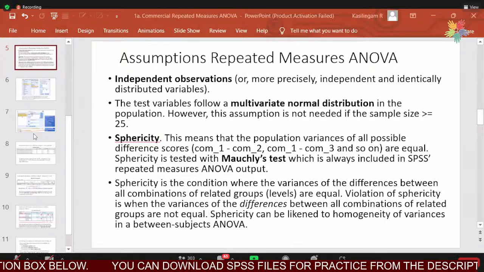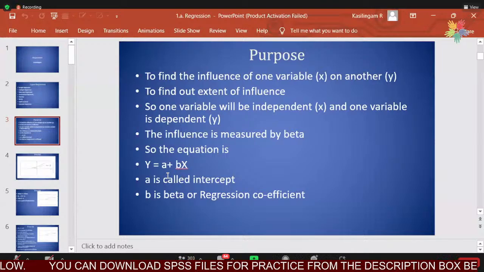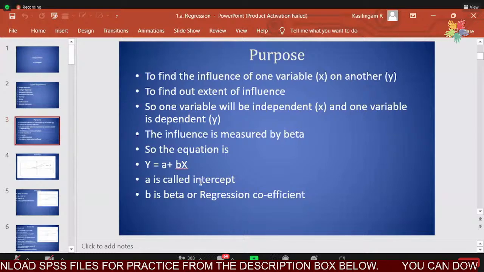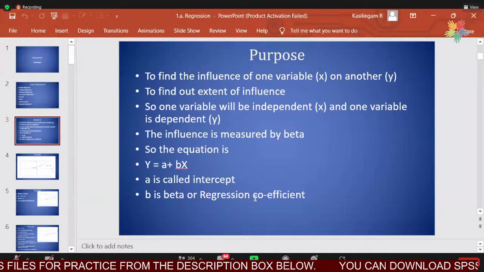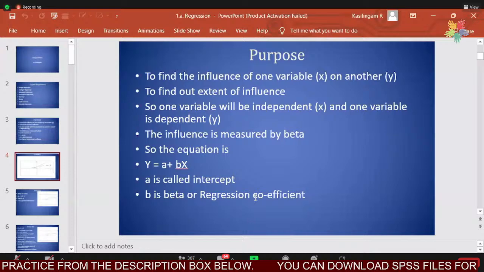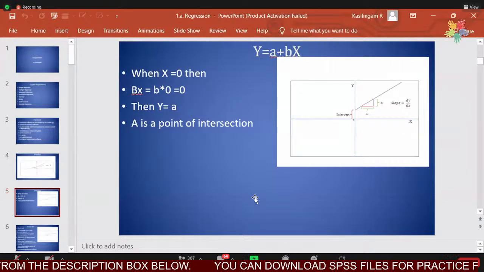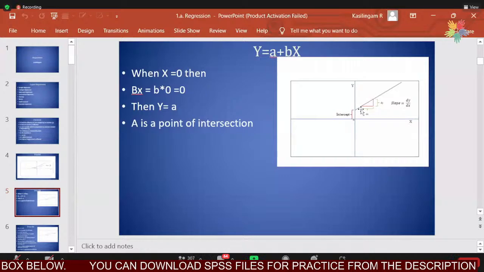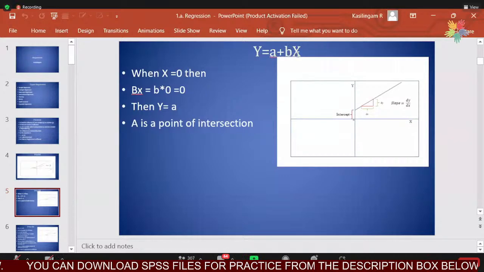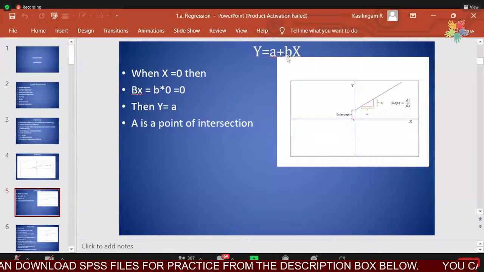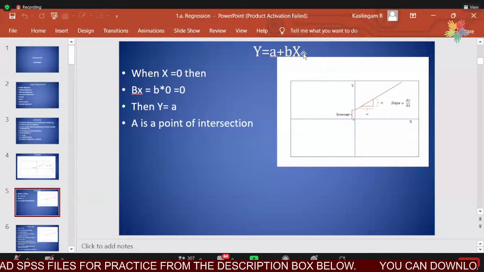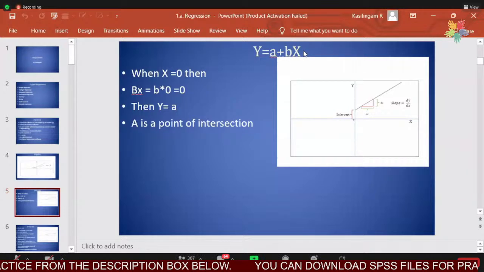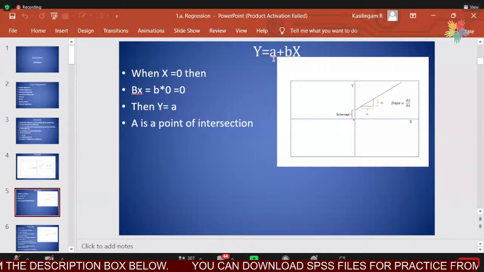So my regression equation is y equal to a plus bx. a is called the intercept, b is called the beta or regression coefficient. I have already explained a: it is the point of intersection. Even if x is zero, bx will become zero, so you will get y equal to a.